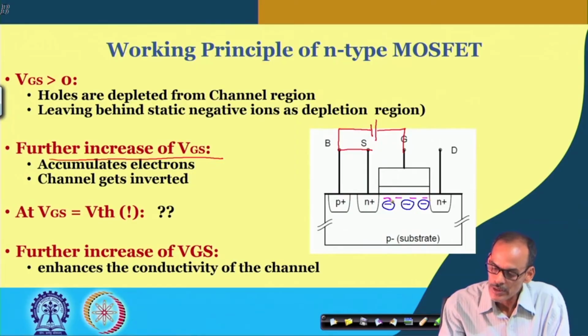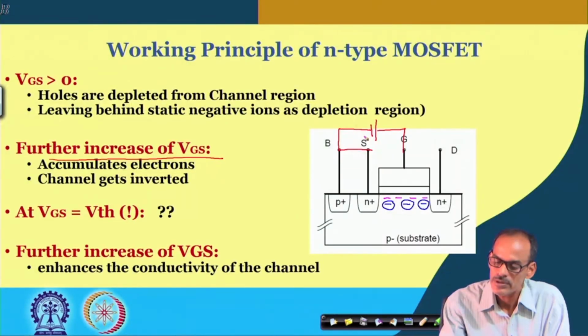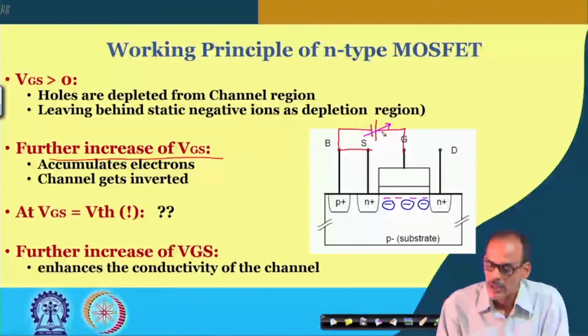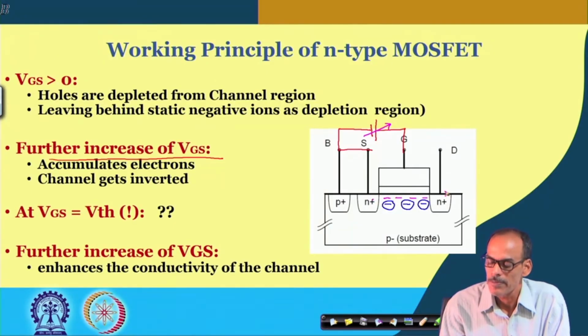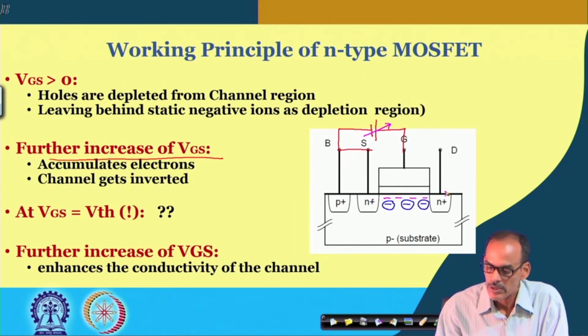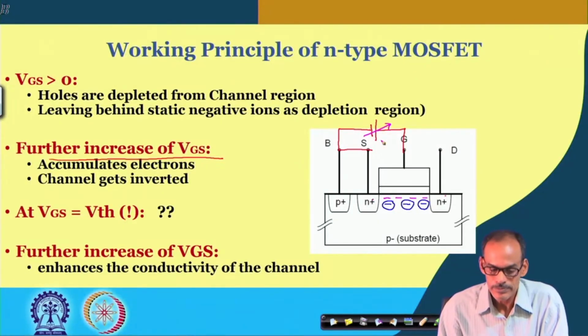The property of this channel region just below the oxide is getting changed by applying this meaningful voltage. As more and more electrons get accumulated here, it provides an electrical connection from this island to this island. In fact, that is what I said: the conductivity from drain to source, or source to drain, is getting modulated by VGS.